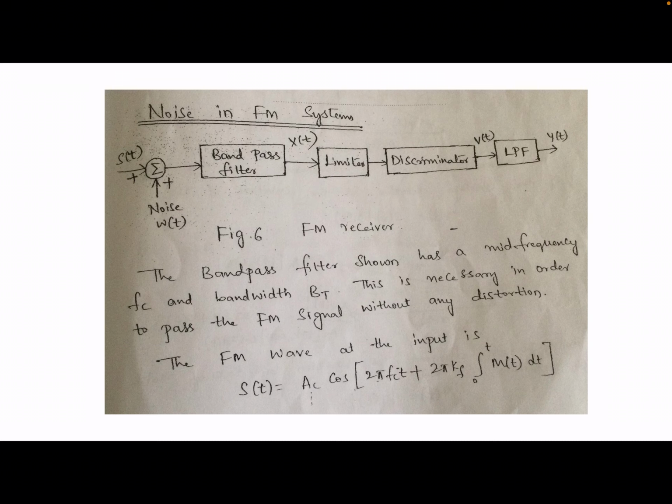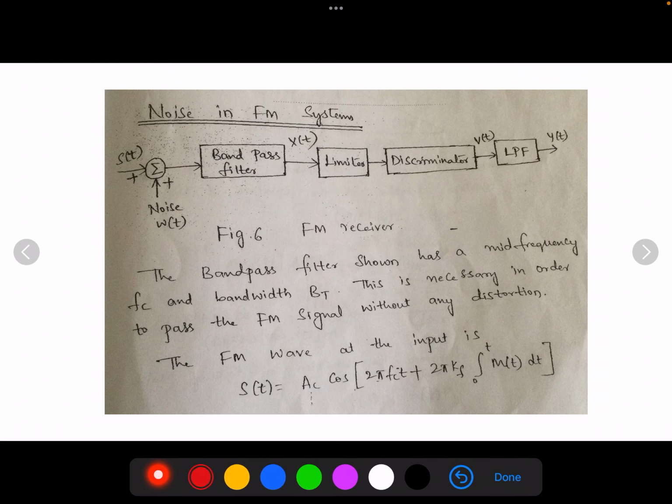The noise signal W of t is modeled as a white Gaussian noise with zero mean and power spectral density equal to N0 by 2.